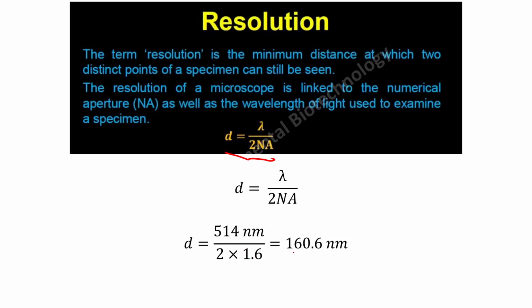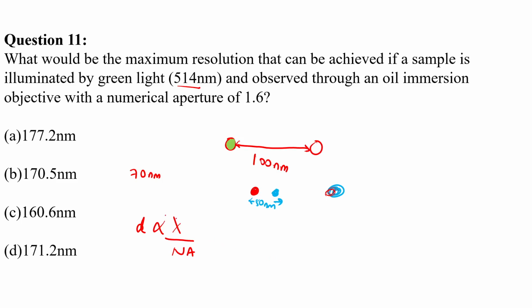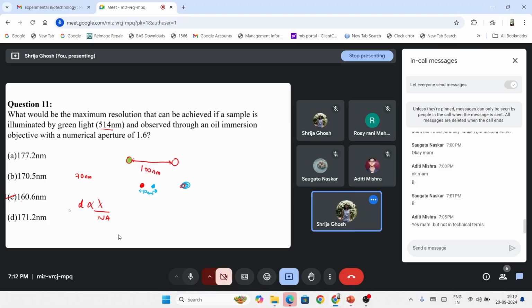If you solve this, you will get the resolution equivalent to 160.6 nanometer. That is option number C here. That means this microscope is able to distinguish between 2 points that are spaced apart by 160.6 nanometer or above. Below that, it won't be able to differentiate between 2 points.